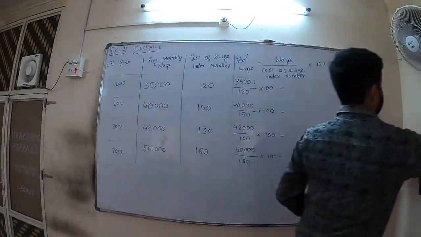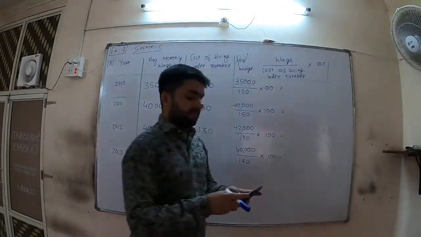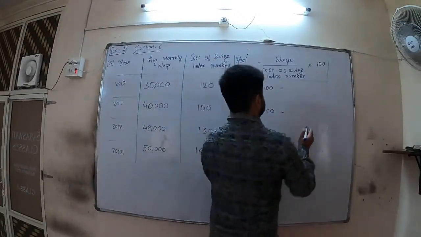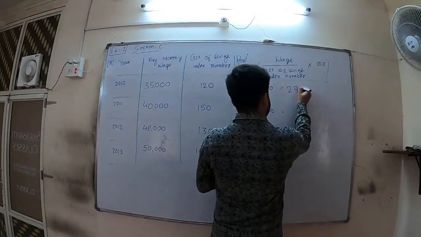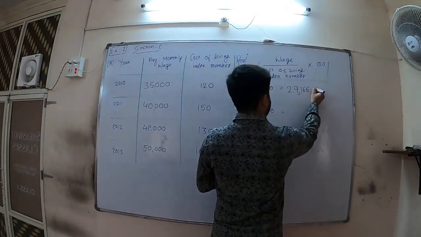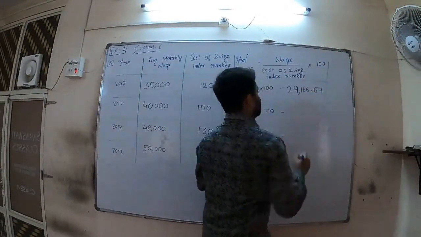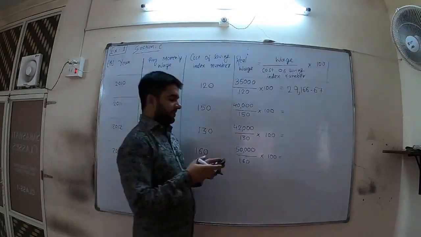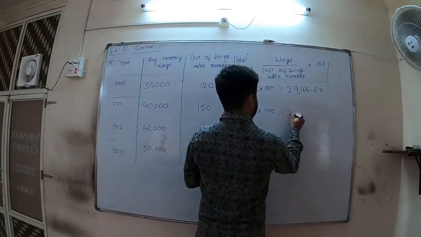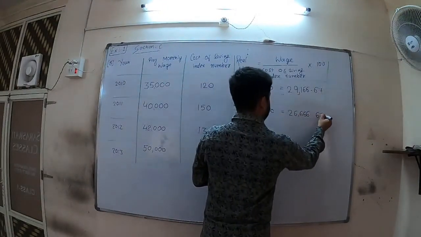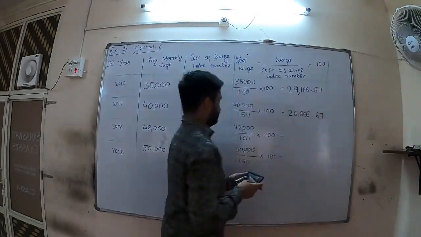Okay, now answers. So this is very easy. 35,000 divided by 120 into 100. What is the answer? 29,166.67. 40,000 upon 150 into 100 is 26,666.67.